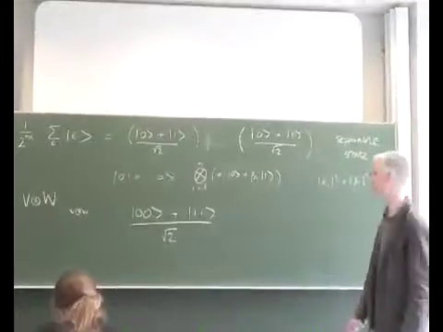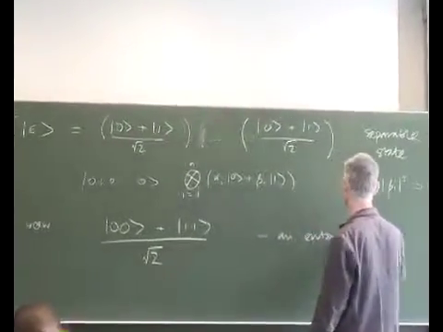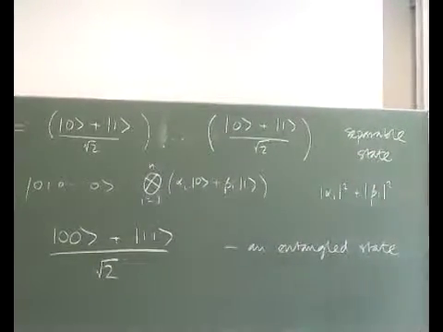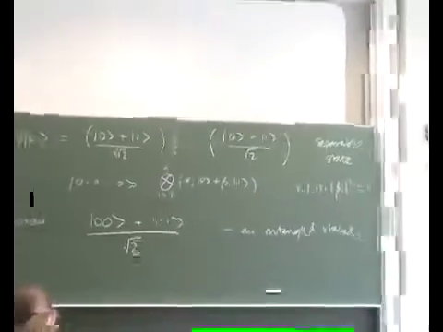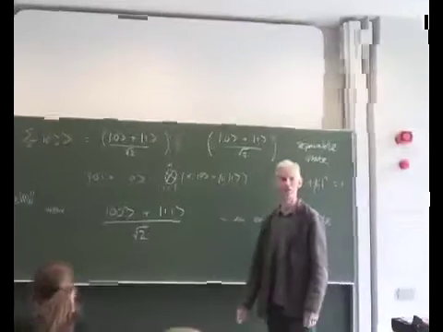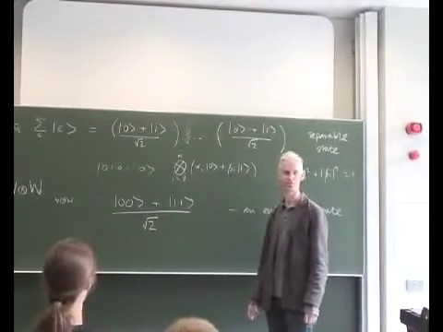That would be a good example of an entangled state. This particular state, I'm sure the notation was a little bit different, but it underlies, you may have heard of the EPR paradox, Einstein-Podolsky-Rosen.